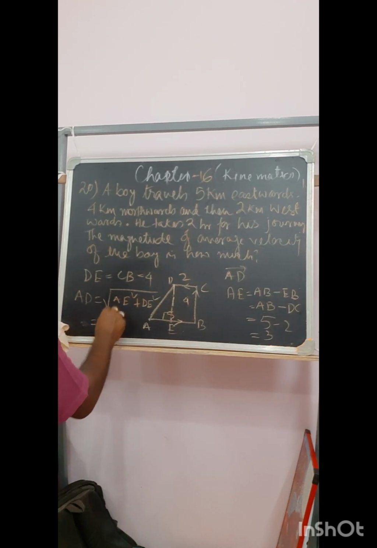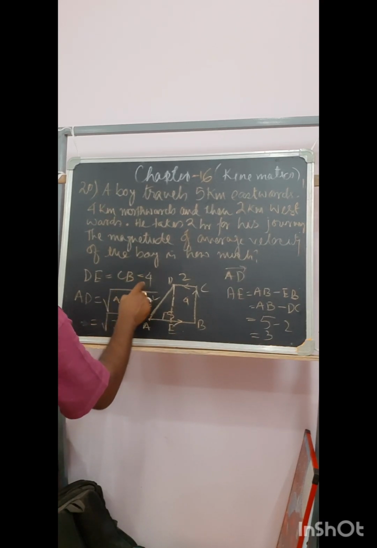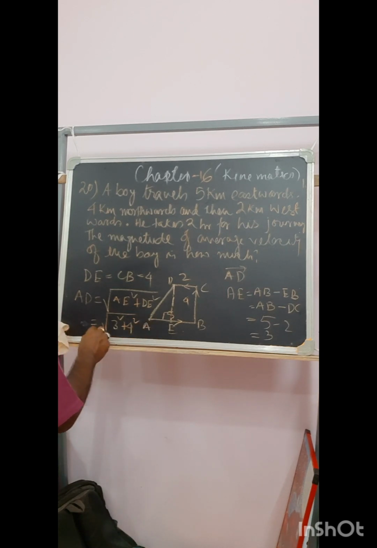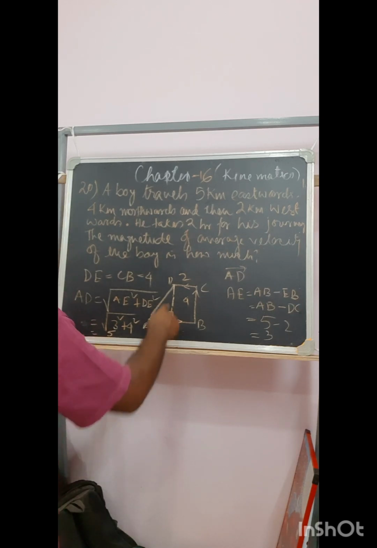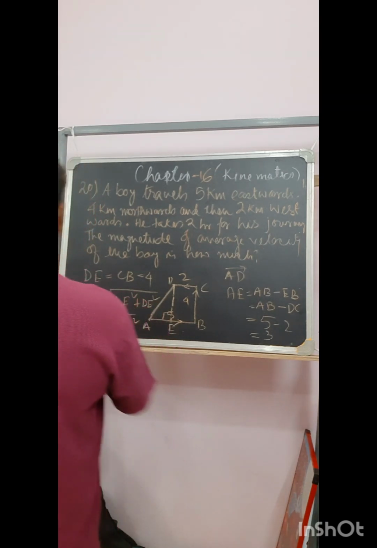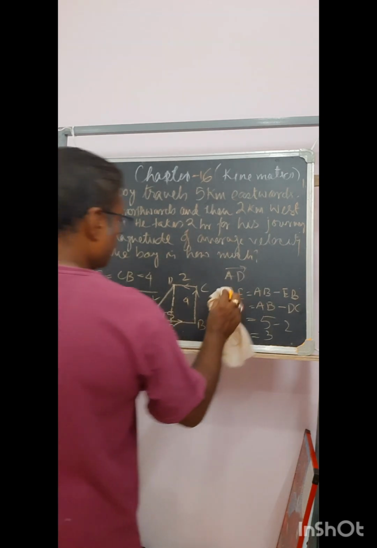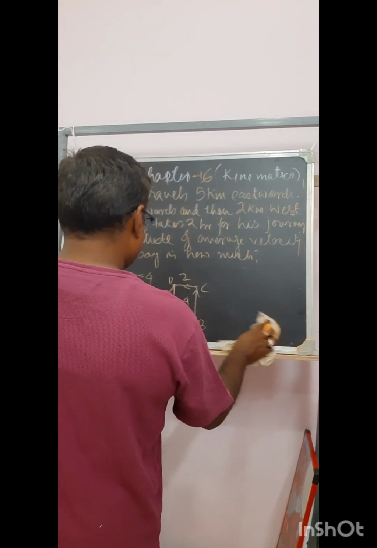AE is 3 square, this is 4 square. So that is 9 plus 16, 25. The square root of 25 is equal to 5. So AD is 5.